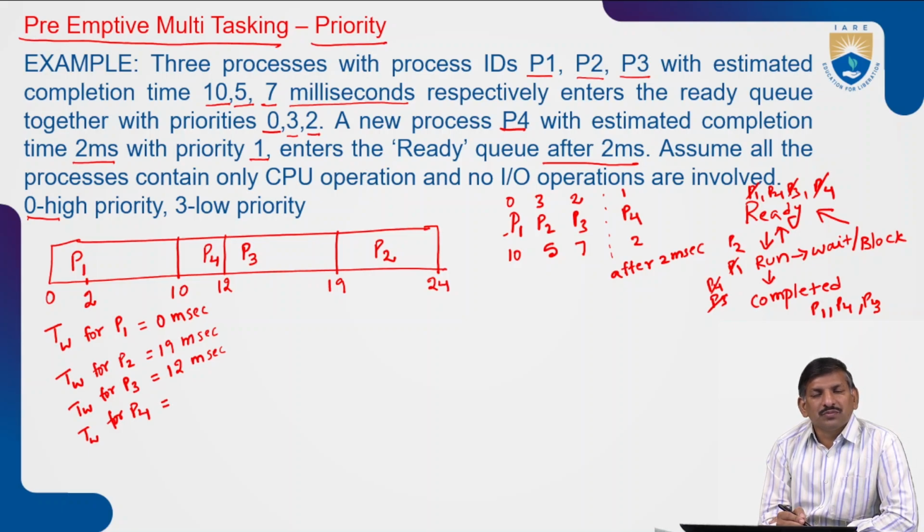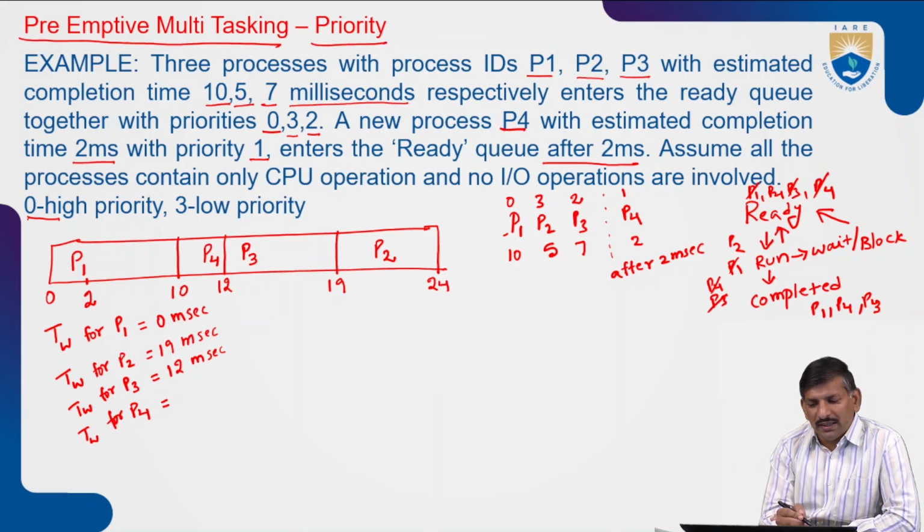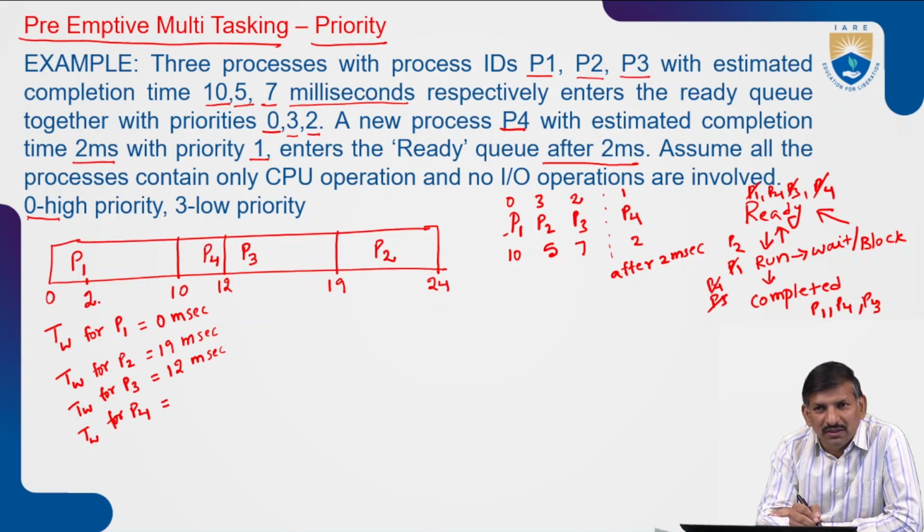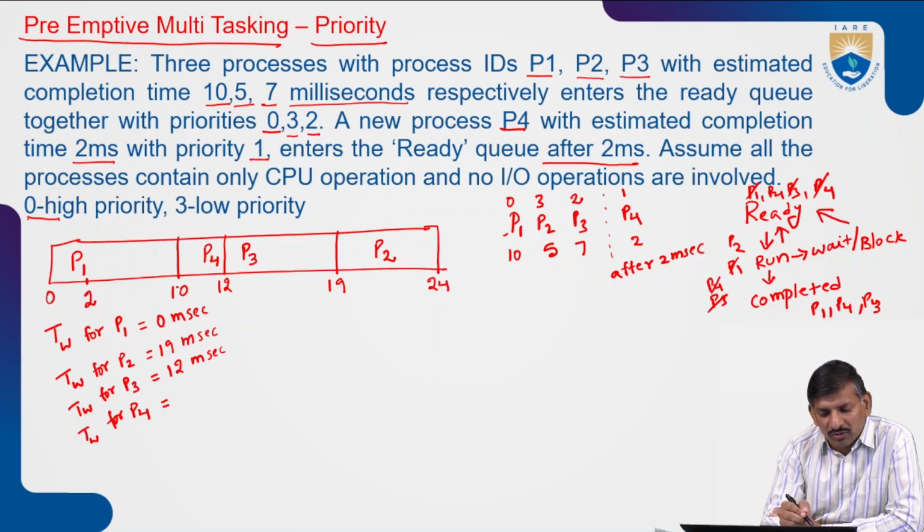P4. Process P4 enters into the ready state at the 2nd millisecond and it is scheduled for execution at the 10th millisecond. So P4 is waiting in the ready state for 8 milliseconds.